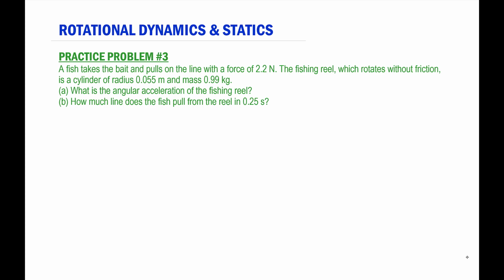So step number 1, we draw a diagram and we state our known values. So the first step is to draw the fishing reel. I want to draw this a little bit larger.